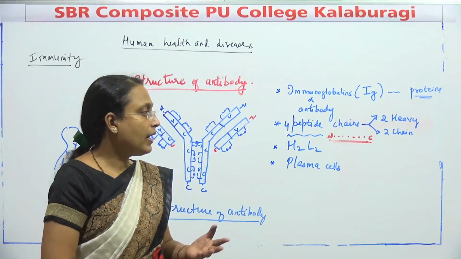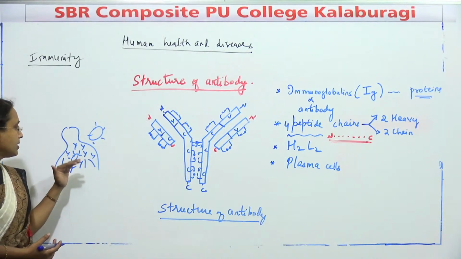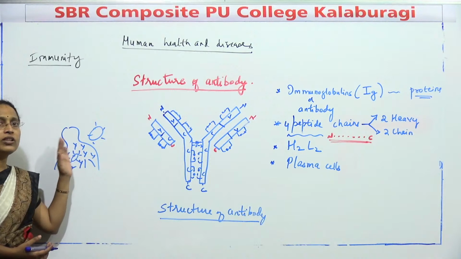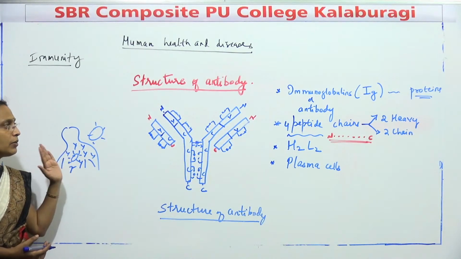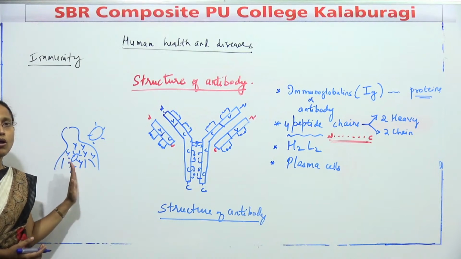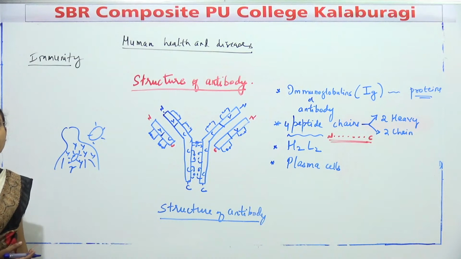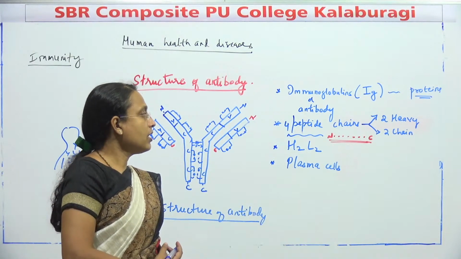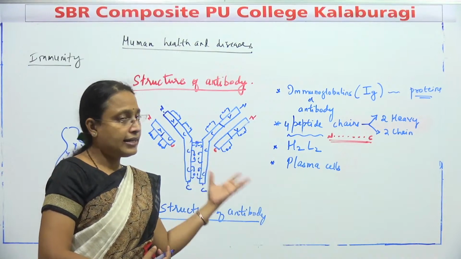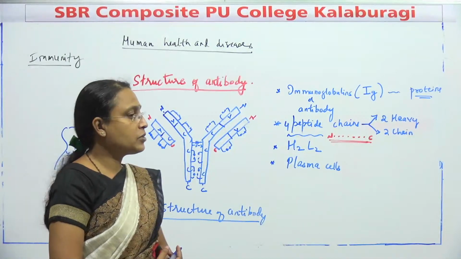Depending on the amount of an antigen, there can be an increase in the concentration of an antibody so that it will neutralize the antigen. Once neutralization is done and the antigen becomes harmless, the antibody concentration again comes down in the body. A plasma cell can release antibodies at the rate of 2000 antibodies per second.